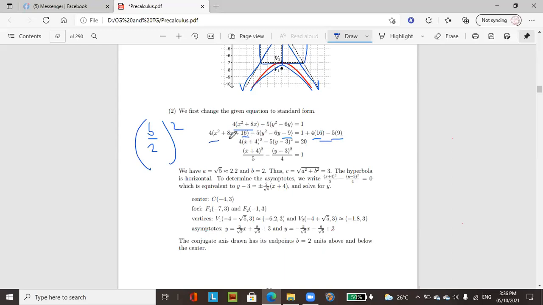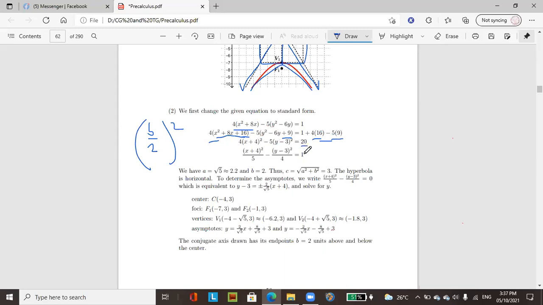So kani siya since perfect square trinomial naman na siya. So ang iyang factor is x plus 4 squared. Also this one here, that can be written as y minus 3 squared. And then, gipang multiply na sila, dayon gi-simplify, gi-combine, na bilin diri is 20. So, para 1 na lang mabilin sa right side, divide both sides by 20.